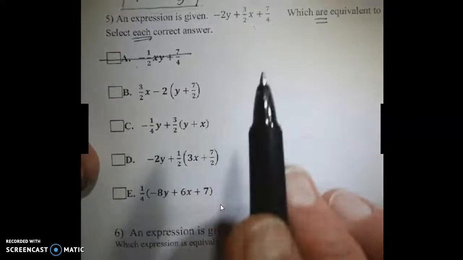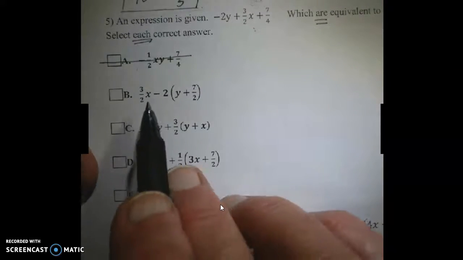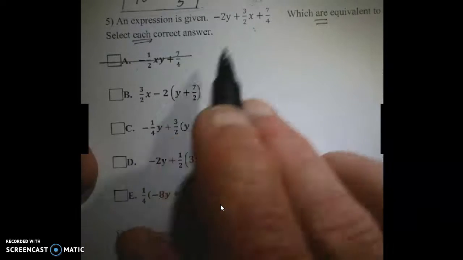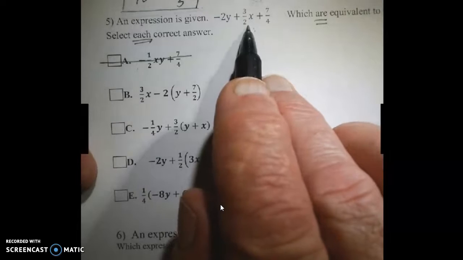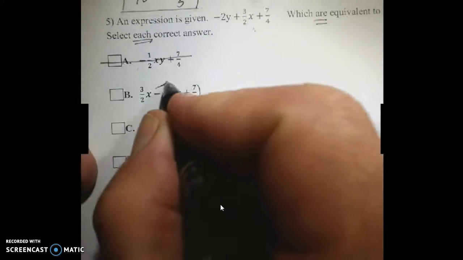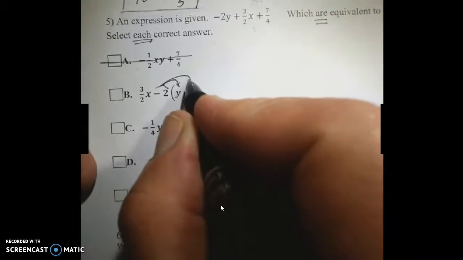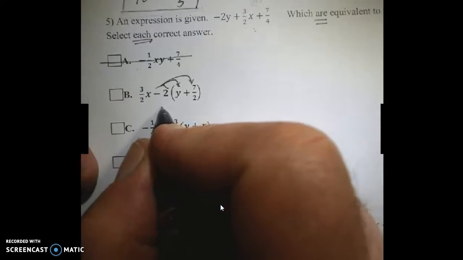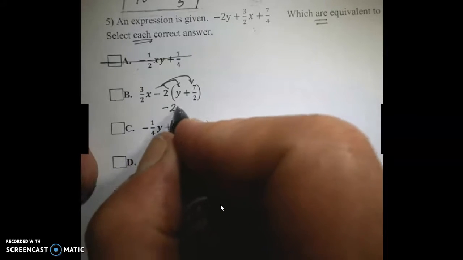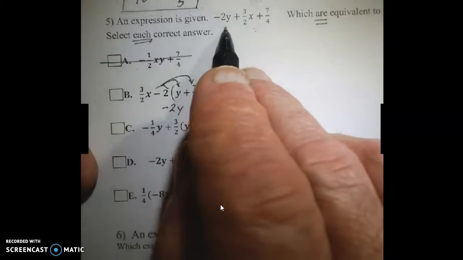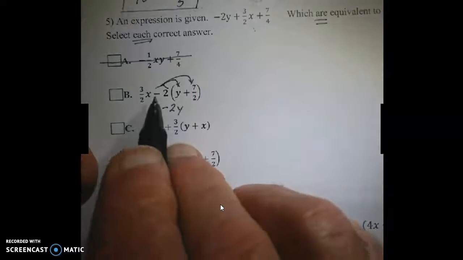Okay, so letter B, negative. The first part's simplified, and that does match with what we've got in our problem. Negative 2 times everything in here, it's the distributive property. Negative 2 times this, negative 2 times this. So negative 2 times 1y is a negative 2y, which does match with what we have in our problem, so this is good.